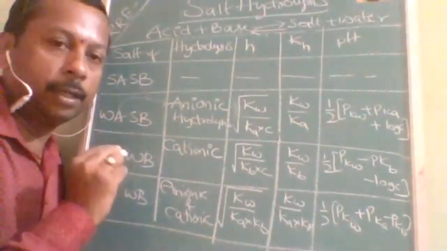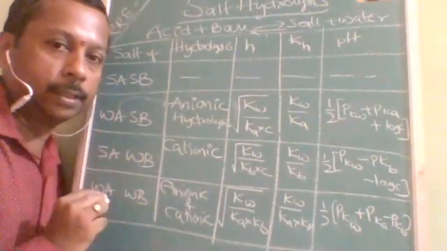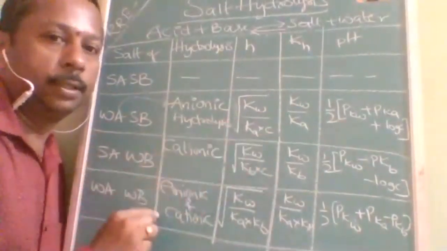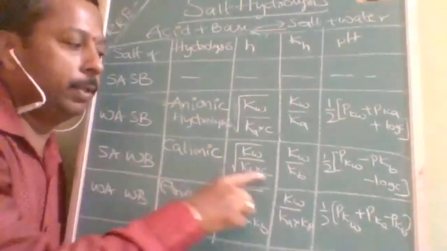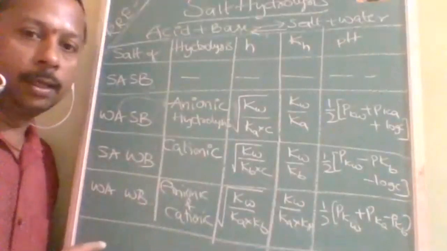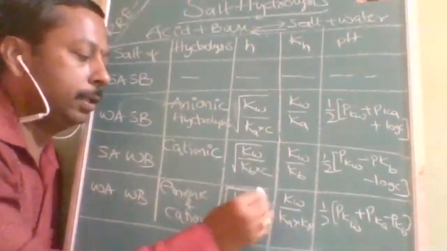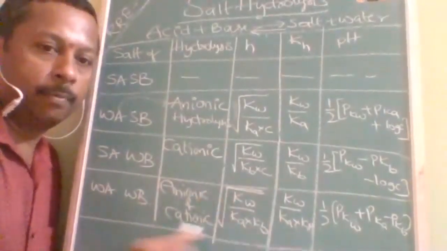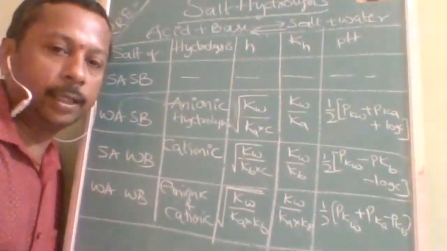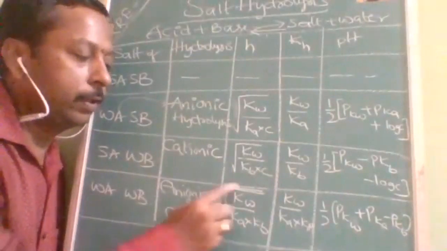Ka and Kb are only for weak substances. So the acid is weak, therefore Ka into C. Here the base is weak, Kb into C. Kw and C are common. The most important thing is that when both are weak, there is no C: Ka into Kb, and the square root is common.